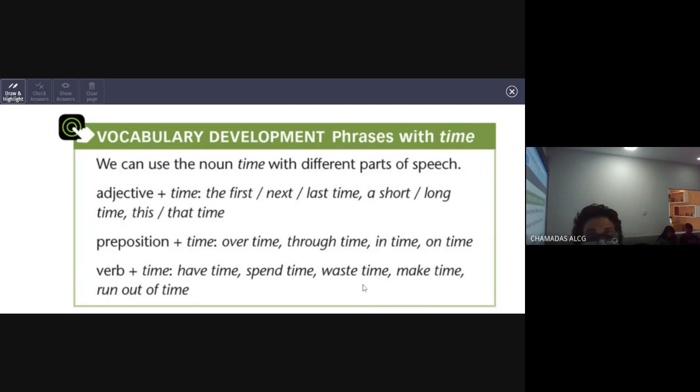For example, suppose you have a test tomorrow, okay? And when you arrive home or when you finish class now, you decide to watch TV. So you spend all afternoon watching a soap opera.